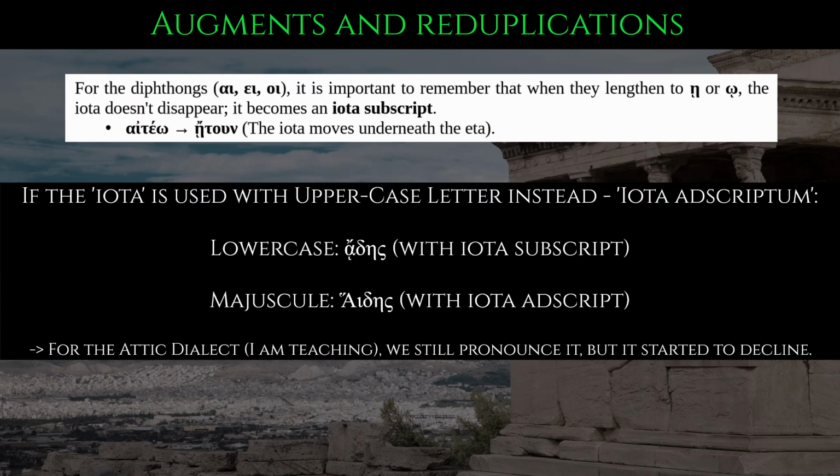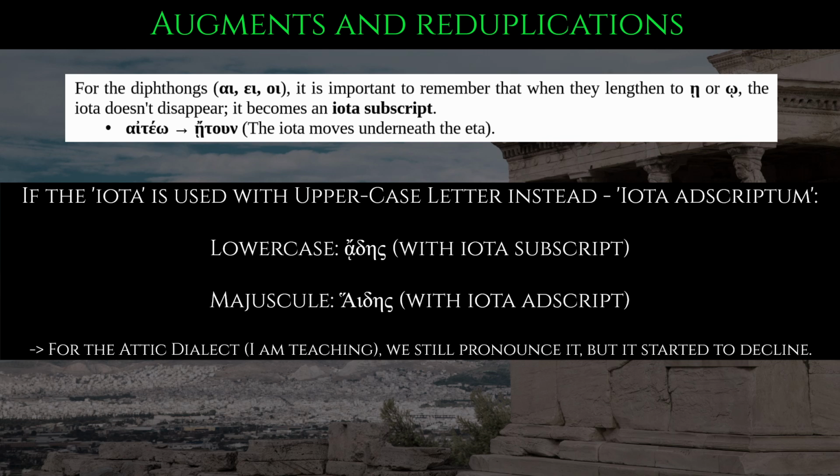Now, a quick note on the iota subscriptum. First, for the diphthongs, which would be either alpha iota, epsilon iota, or omicron iota, it is important to remember that when they lengthen to eta or omega, the iota does not disappear. It becomes what is called iota subscriptum or iota subscript.